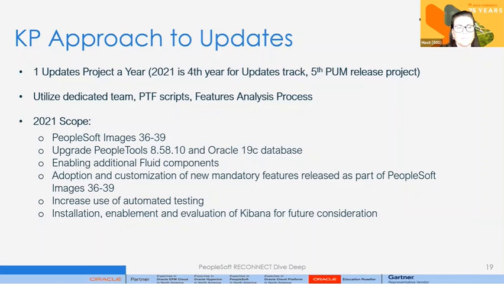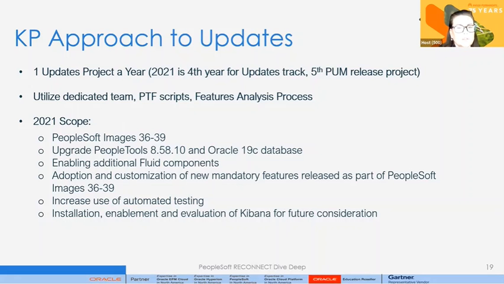Okay, and here's a little bit of what was in scope for 2021. As I said, images 36 to 39 were implemented. We also went to Tools 8.58.1 and Oracle Database 19c.